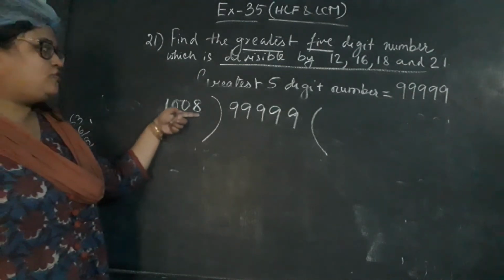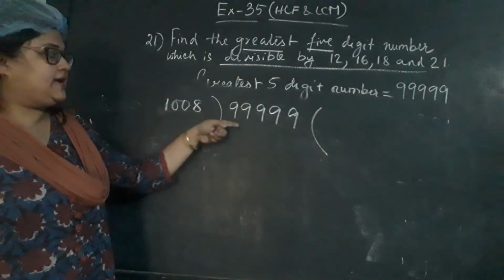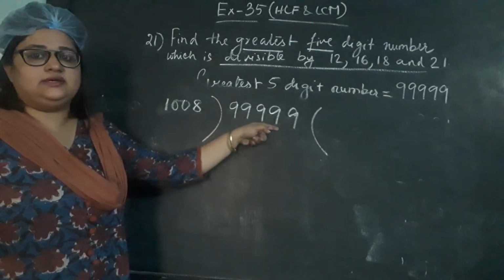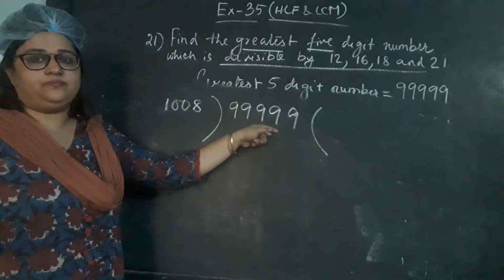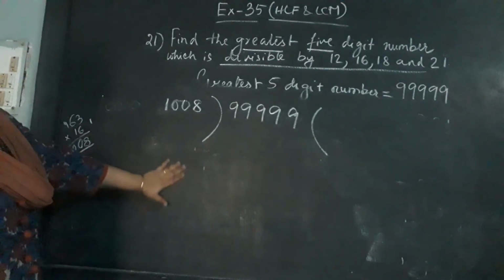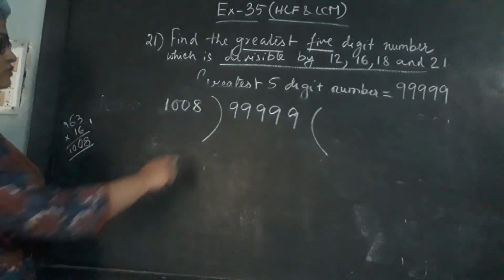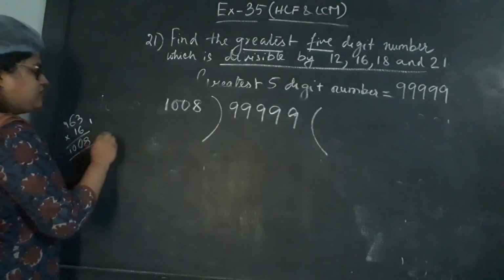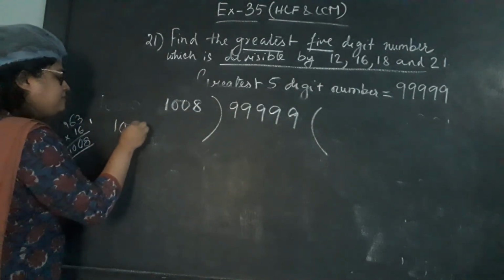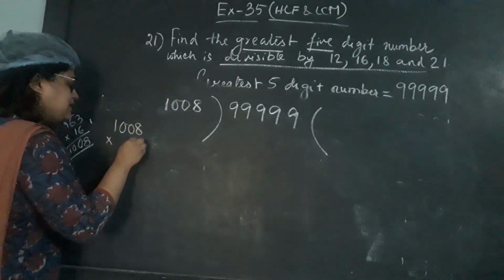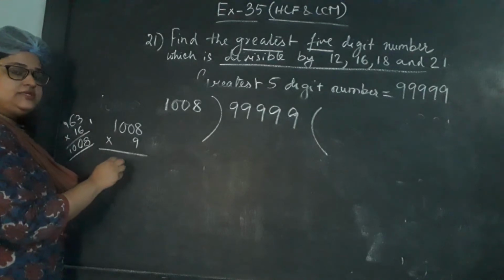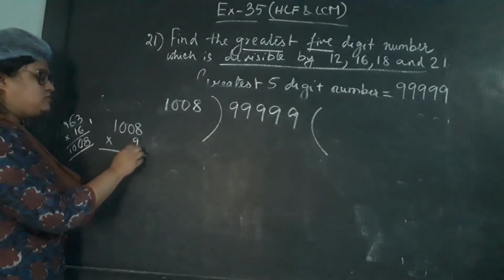Now this is a 4-digit number, so we can divide 4 9 by taking it together. So what will be the nearest value to 9999? We have to check. So I am directly multiplying with 9 to check whether it is giving me the nearest value or not.